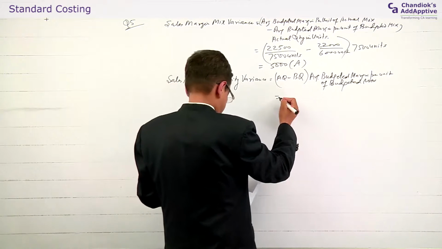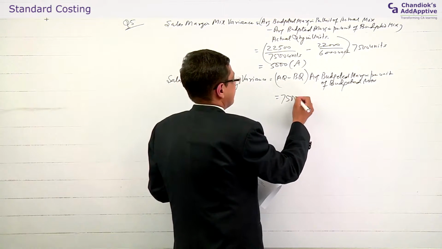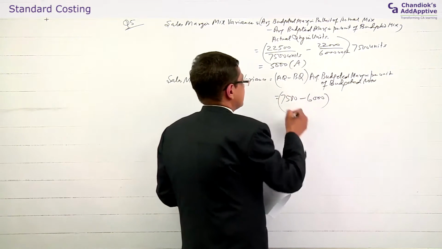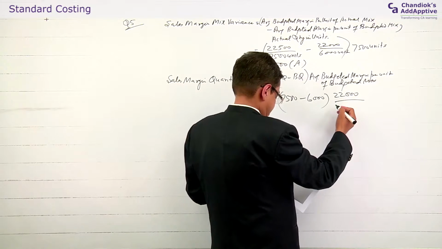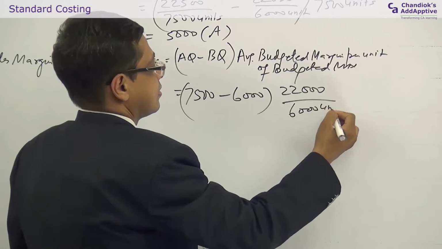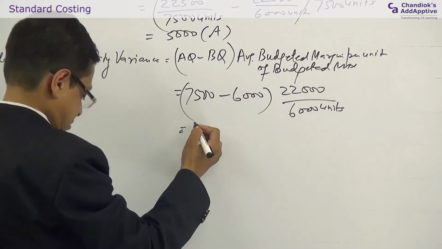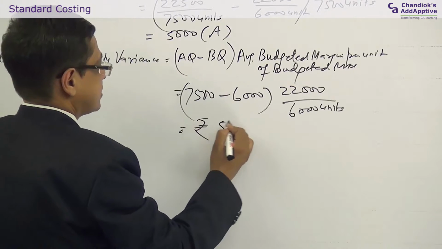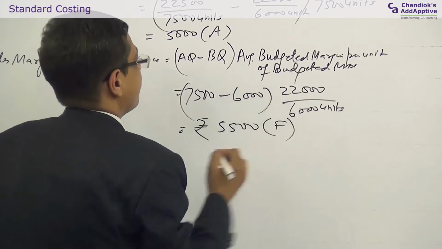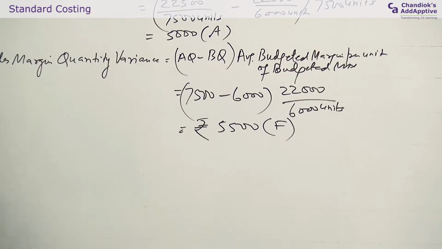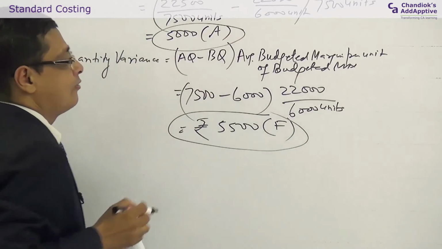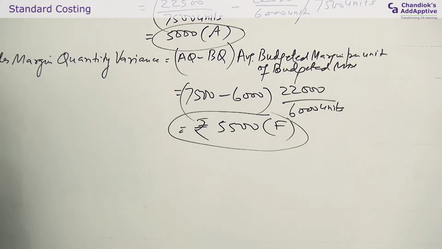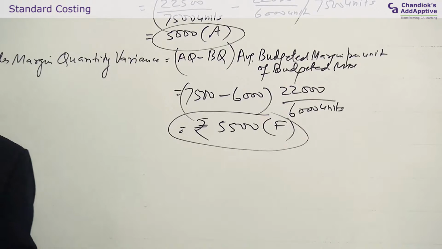So, how we do, what is the actual quantity? 7500 minus 6000, the average is rupees 22,000 divided by 6000 units. So, when you solve it, this becomes rupees 5500 favorable. So, friend, you have got the two variances. If you add these two variances, you get 500 favorable, and this is the value of the volume variance.